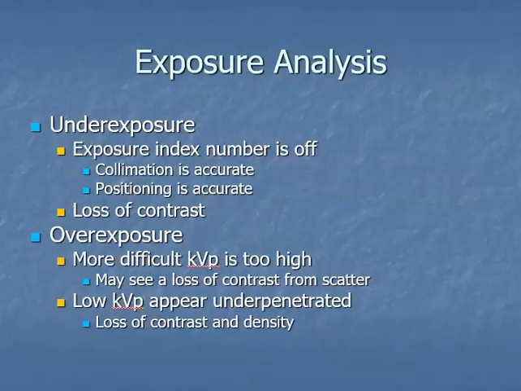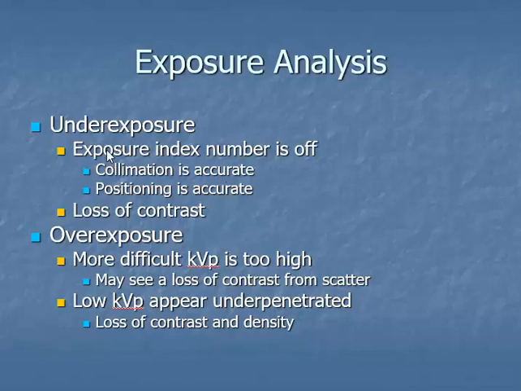If you have underexposure and your collimation is accurate and your positioning is accurate, then what you may observe is your exposure index number is off. In some of the machines, underexposure is going to be represented by a high index number, so there's an inverse relationship between the index number and the actual exposure.